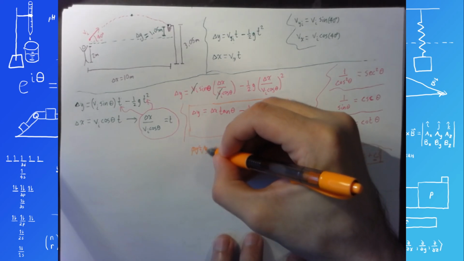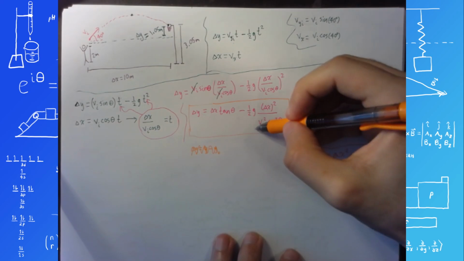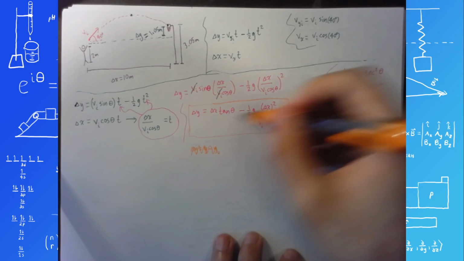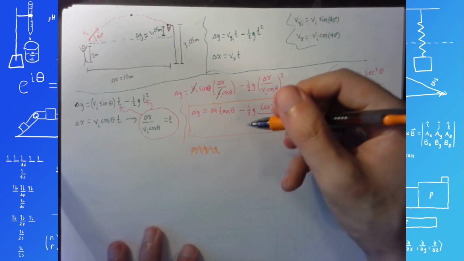I'll go ahead and scribble this out. So our problem at hand says we need to find v initial, so I'm going to add all this to the left-hand side, and I'm going to subtract the delta y over to the right.